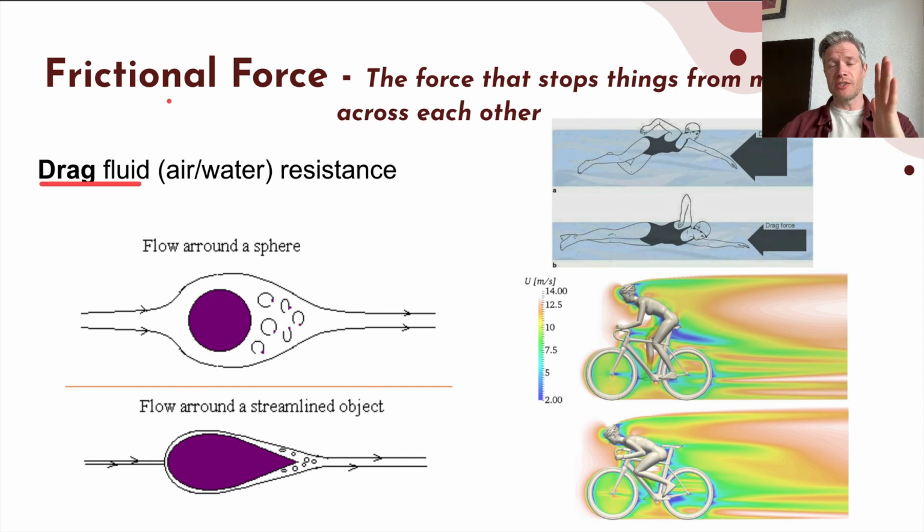So the more cross-sectional surface area that is hitting or colliding as it's moving into this fluid creates more and more drag. Now, drag happens in a couple of ways, but one of the ways that it happens differently from surface friction, like we saw in the last example, is this generation of little eddies. Okay, so this little turbulent flow of water actually creates a bit of a vacuum, in the sense that it sucks back or pulls back the object a bit, right?